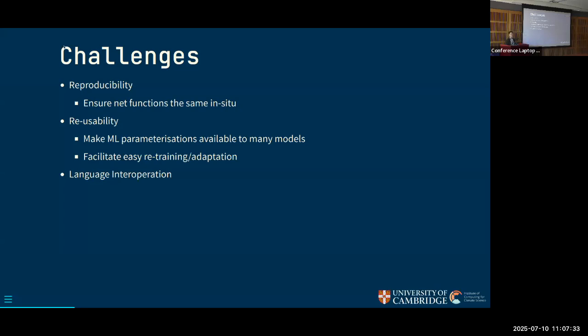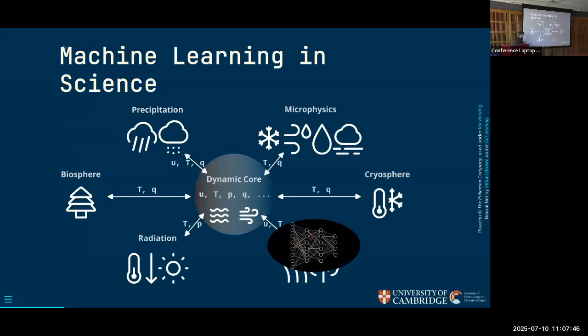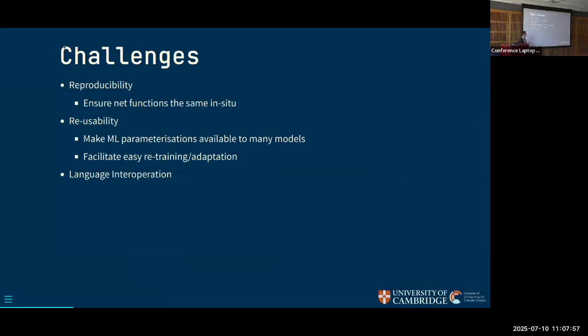There's also a principle of reusability here. So we want to make parameterizations that we're developing as widely available as we can. So perhaps we develop something for convection in ICON, which is the German weather model, but it would be really nice if we can then redeploy that same parameterization within, say, the Unified Model of the Met Office, or maybe WRF developed over in the US.